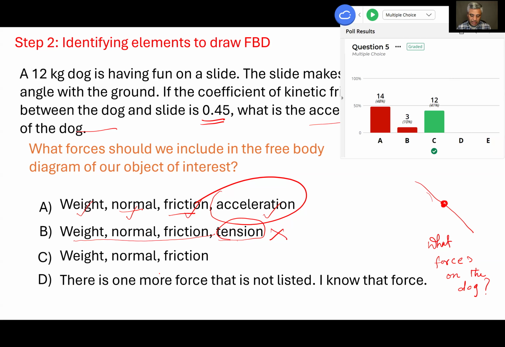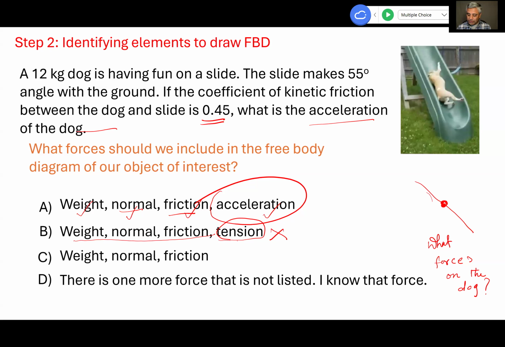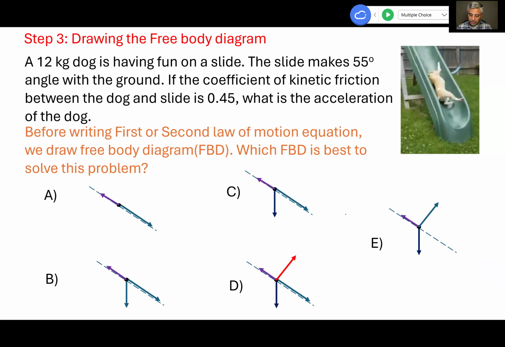Okay. So we identified that there are 3 forces acting on the dog. So this dot being the dog, now you need to draw those forces, right? How would you draw those forces? So here are some choices. Go ahead and choose which one, how would you draw those forces that we identified?